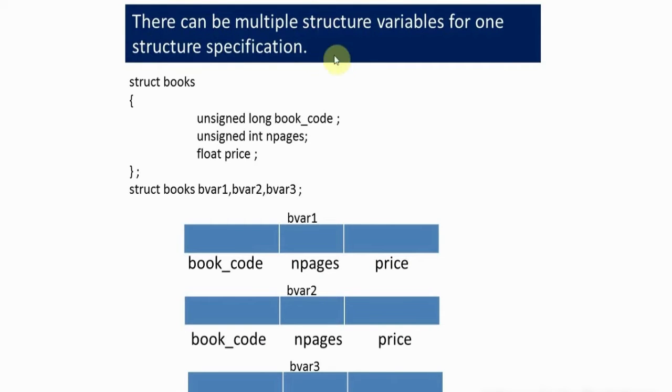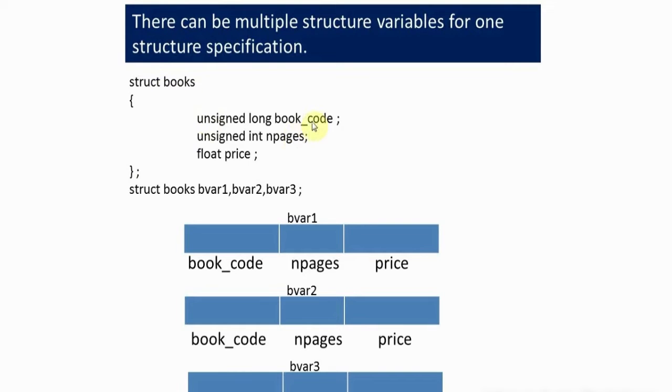Another fact about structures is there can be multiple structure variables for one structure specification. Actually, that is the beauty of structures. As you might guess yourself, if we declare only one structure variable for a structure specification, it's not going to be of any good use. Now in this example, suppose I have got a structure called books.